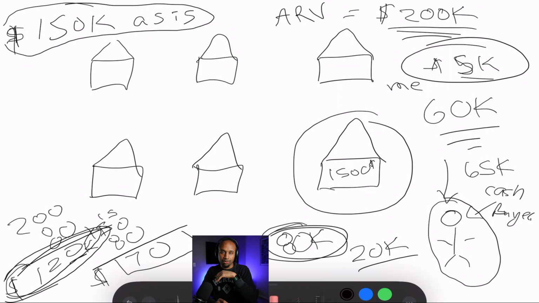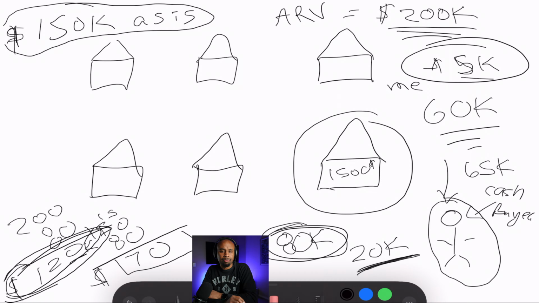Because now I know that if I find a house in a neighborhood like this where houses are selling for 150 in as-is condition, if I find a house for 60K, I'm going to buy it myself now. Now I have enough money to buy this type of property at this price range for myself. And I understand that you can put this 20K in here and get it to livable condition.